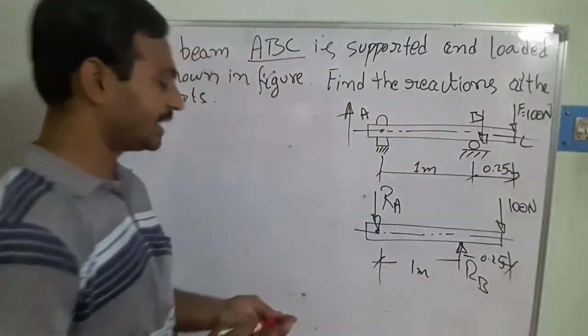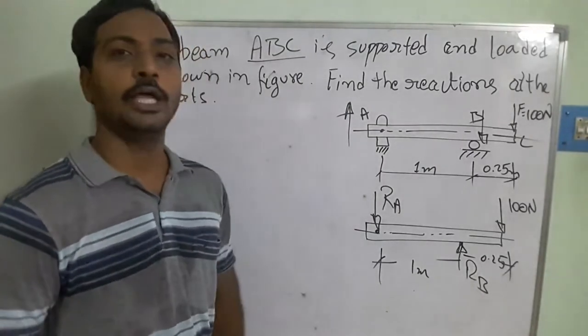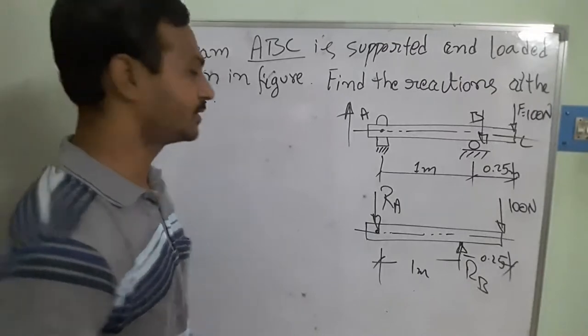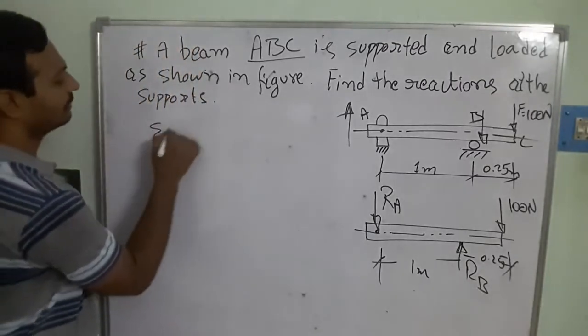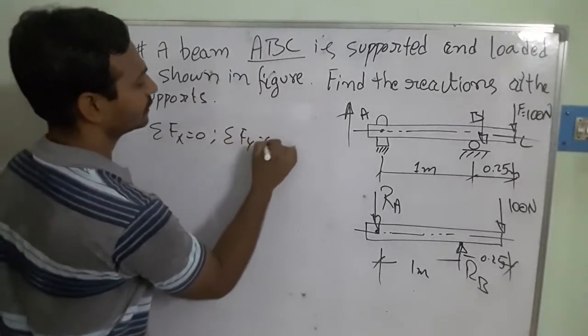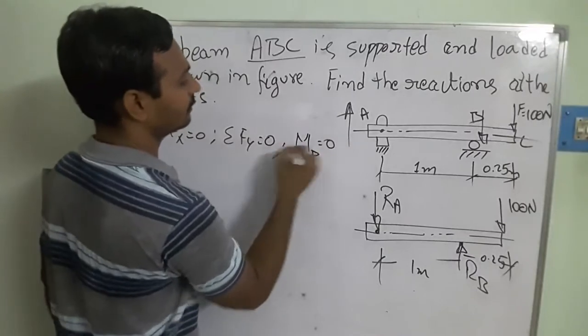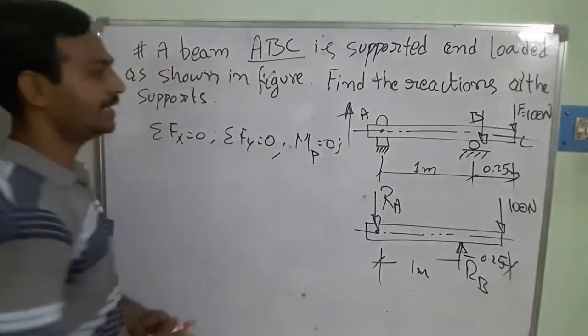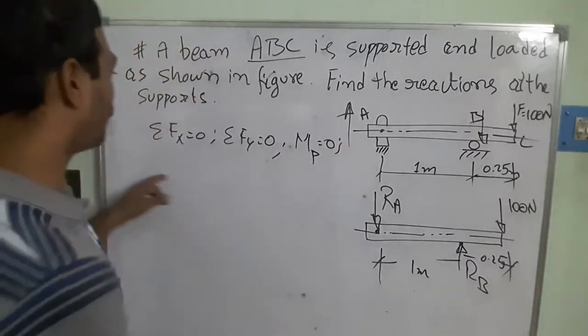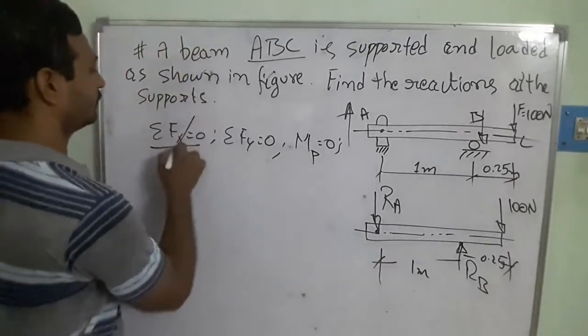Now we are considering the system to be in equilibrium. Then we take the equations of equilibrium: sigma Fx equal to 0, sigma Fy equal to 0, and moments at a point equal to 0. First I consider Fx. There are no forces in the horizontal direction, so it is not valid here.